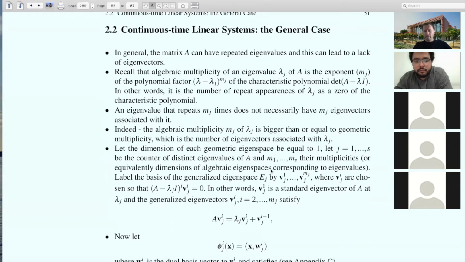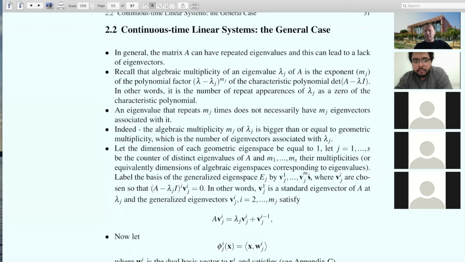So now we're going to label the basis of the generalized eigenspace EJ. So we're going to define this generalized eigenspace EJ by taking vectors Vj1 to Vjmj.